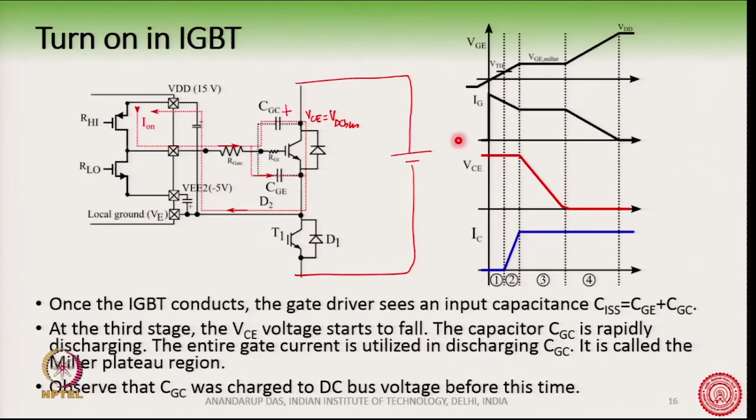In this condition, this voltage will more or less remain constant. Slightly it will increase, but we can say the voltage here will remain constant, because this capacitor is discharging through this.